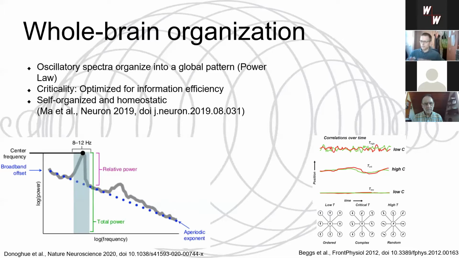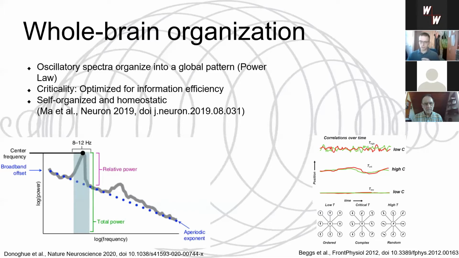And it turns out that this state is optimal in some respects. For example, if you look at correlations over time, so you pick two random atoms in this lattice and see how their spins are correlated over time, then this correlation will be maximized at the critical state. Or also information propagation.